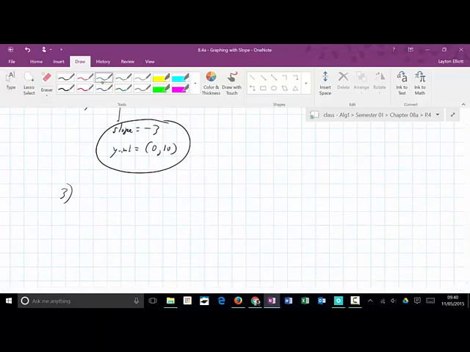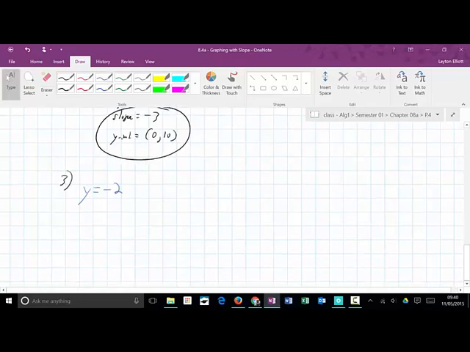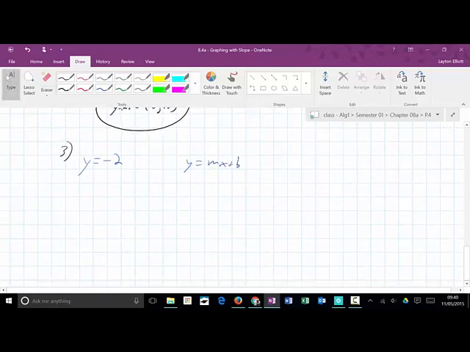So next equation would be something like y is equal to negative 2. And if I'm talking about y equals negative 2, this really doesn't look too much like y equals mx plus b. I don't have an x. And I don't really have a very good idea. So let's start with the y-intercept.